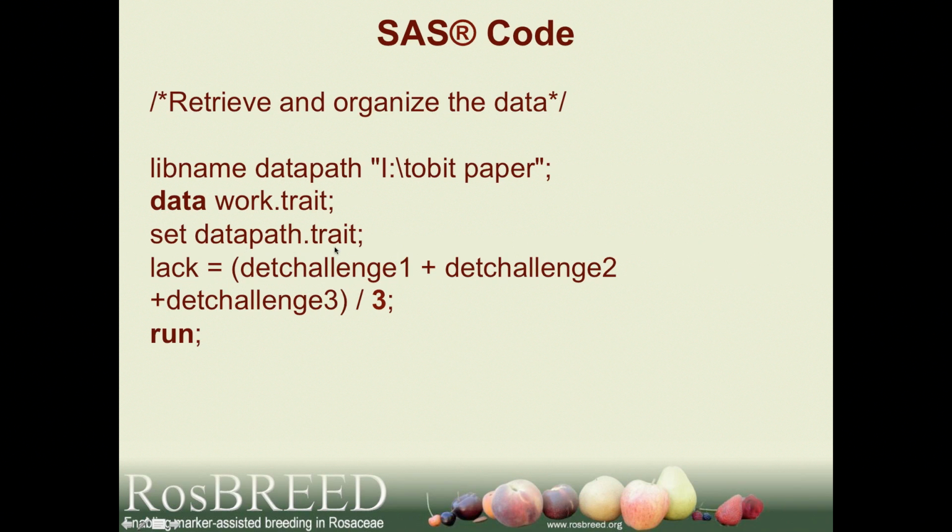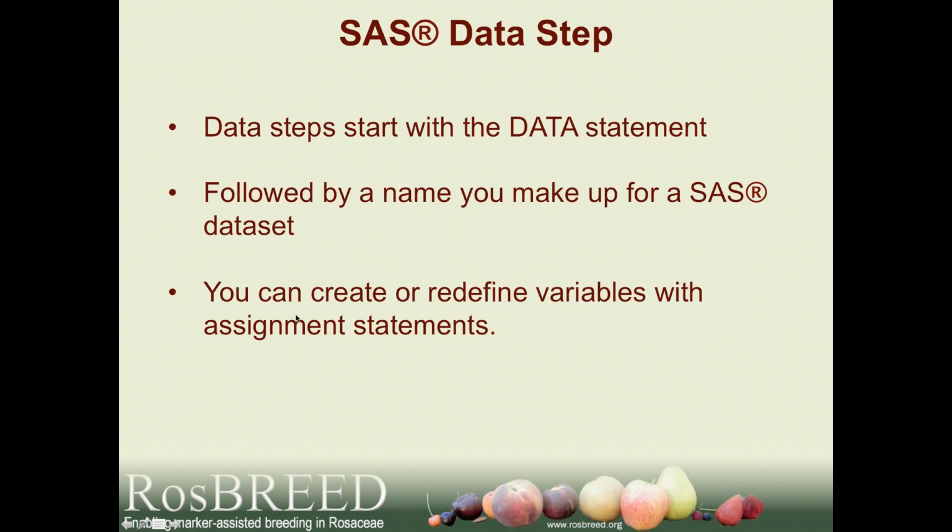Trace is our data set name. So we set this data set into a new data set in the work library, work dot trace. The name is still trace. In this data step, the main thing is that we created a new variable called lag, which is the average of challenge 1, challenge 2, and challenge 3. That's the data step.